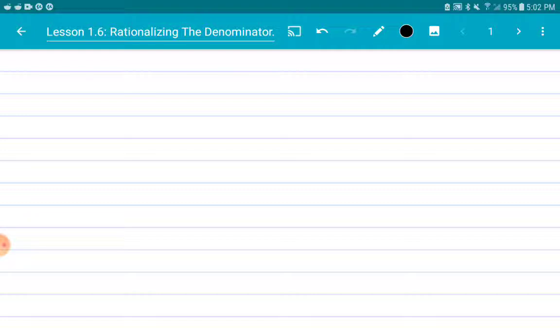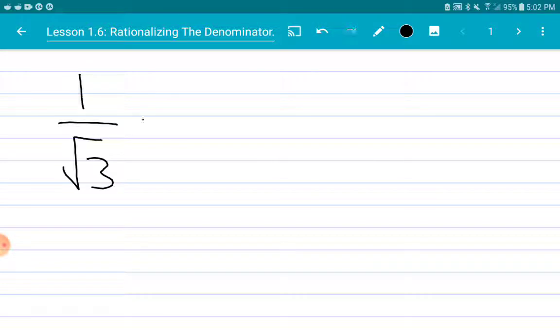Whenever we say we want to rationalize a denominator, it means we want to take the square root out of the denominator. Let's say for example we have this. We want to rationalize the denominator, or get rid of the square root.